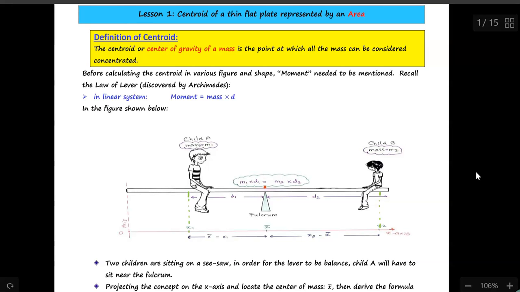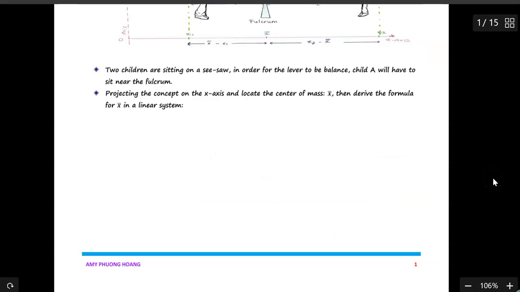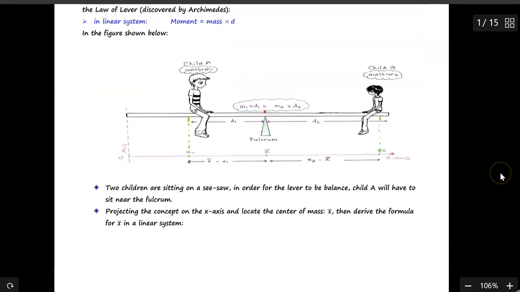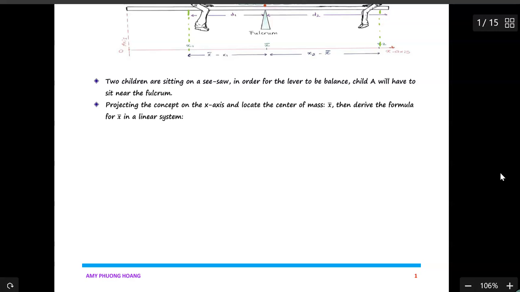So what I'm going to do is use these formulas, moment equals mass times the distance, to show you how we can find the value for the x bar. I will do it below here.